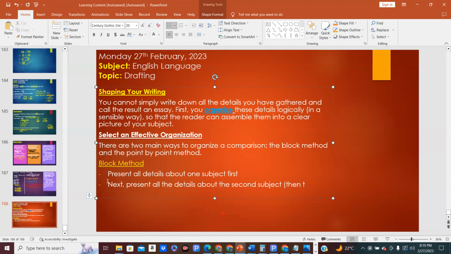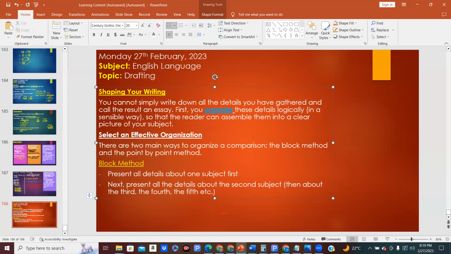Then about the third, and the fourth, the fifth, etc. So with the block method, you are basically presenting all the information about the first one.